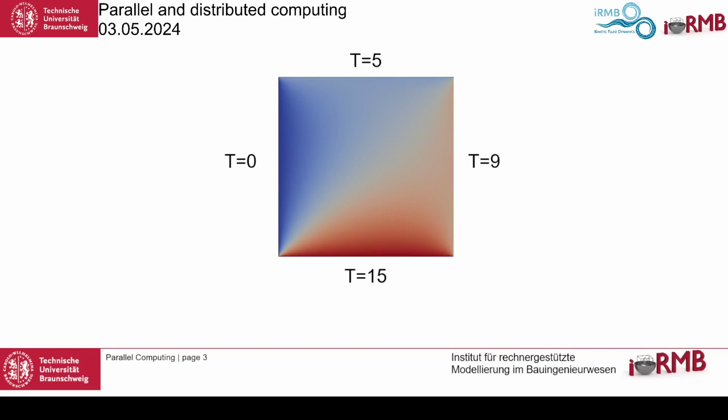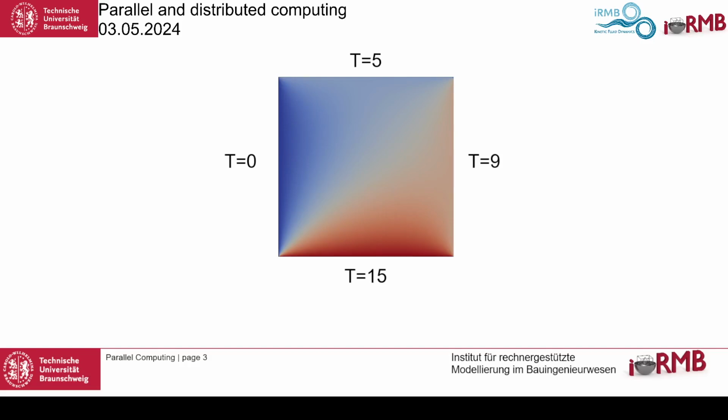The idea is that we compute the heat distribution in a plate. A plate is something two-dimensional, so it has x and y coordinates, but it has no thickness, so there is no z coordinate. This plate has boundary conditions: there are 4 different sides, and each of the sides has a different temperature.